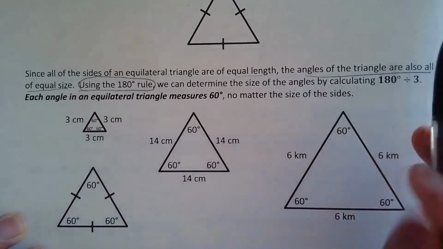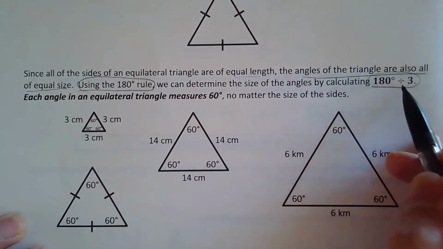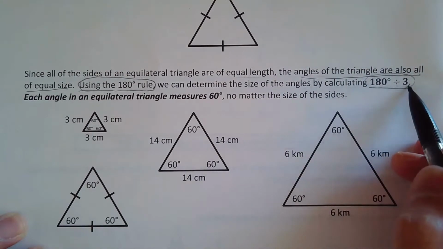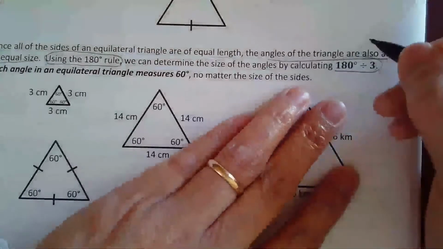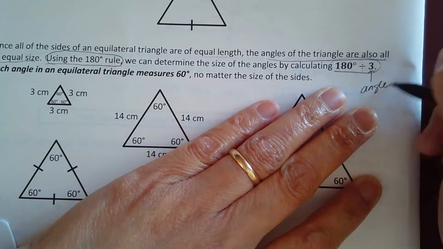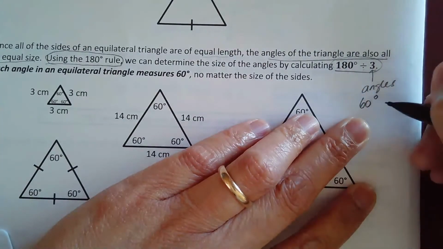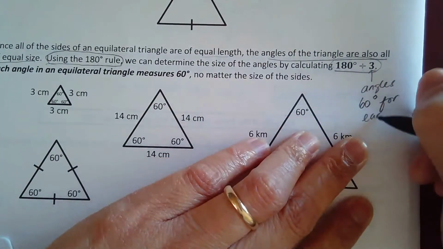So we can take 180 and divide it equally among the three angles. 180 degrees divided by three angles gives you 60 degrees for each angle.